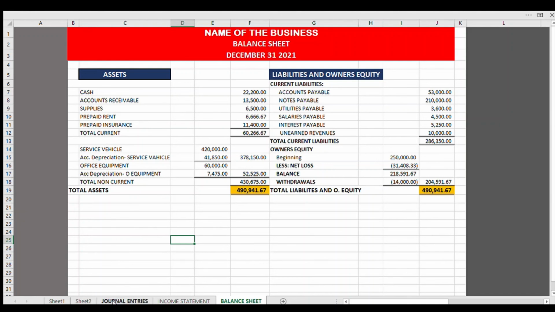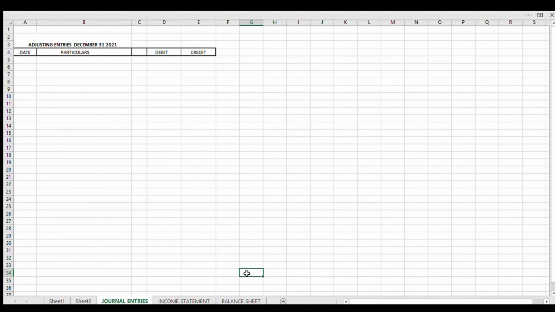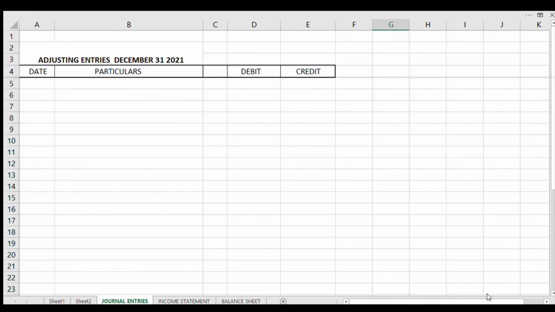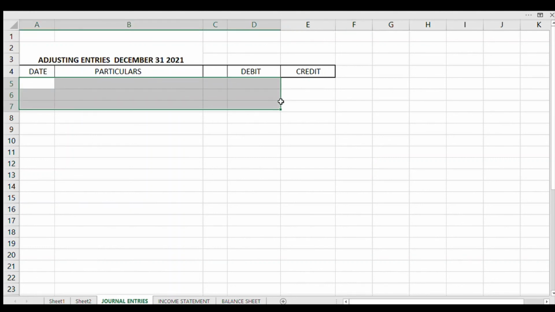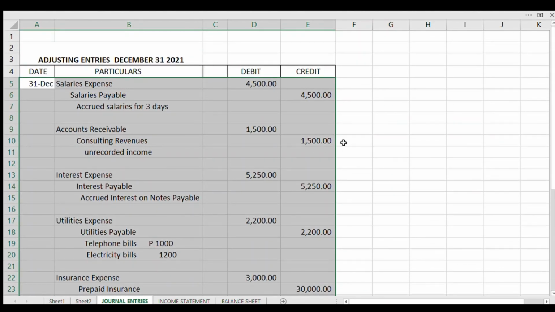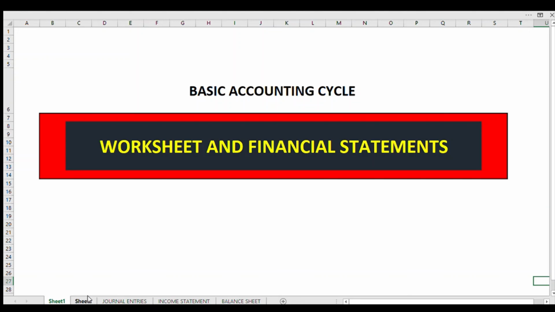Now, we will go on to the final portion. We will just show you how the transactions are to be recorded in the journal entries. So here it is. These are the entries in our adjustments, based on the information given in the worksheet.